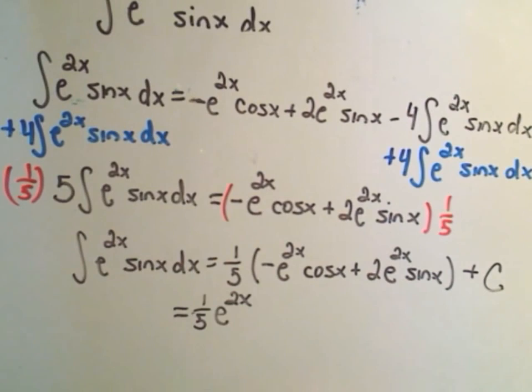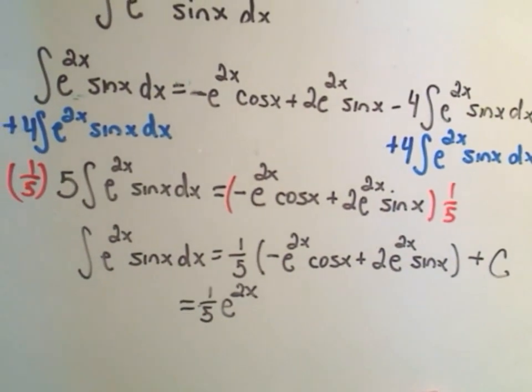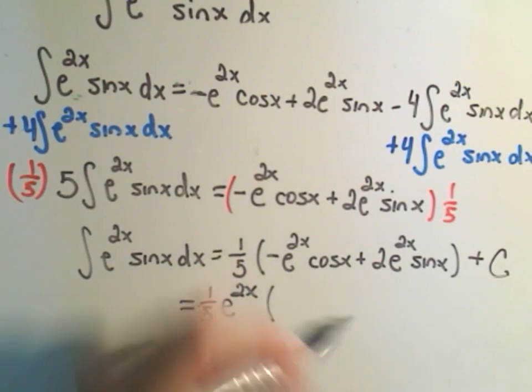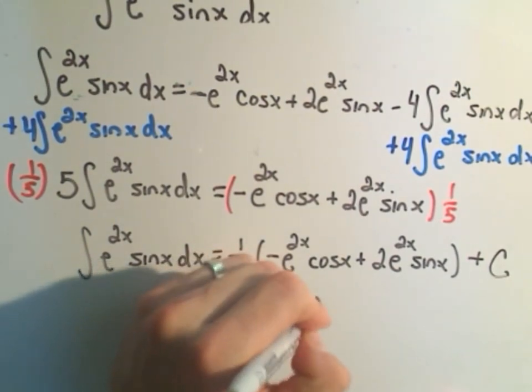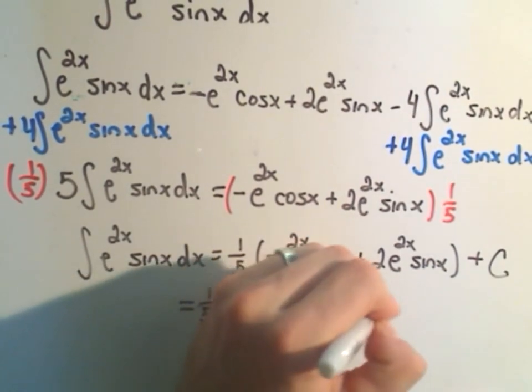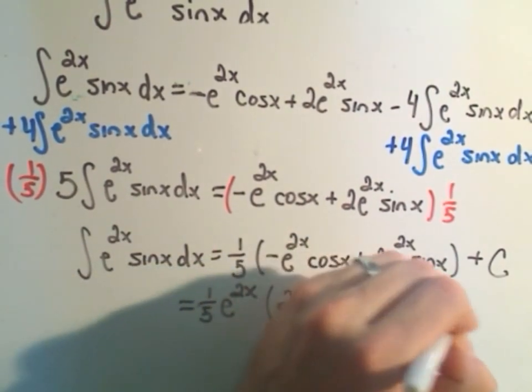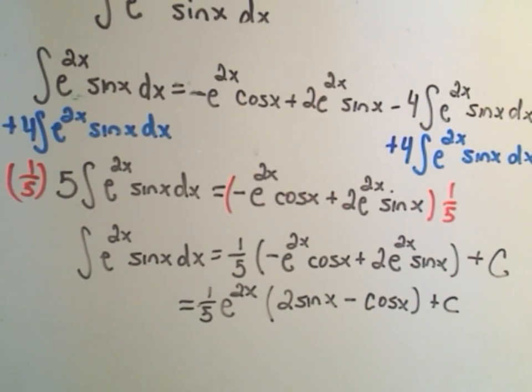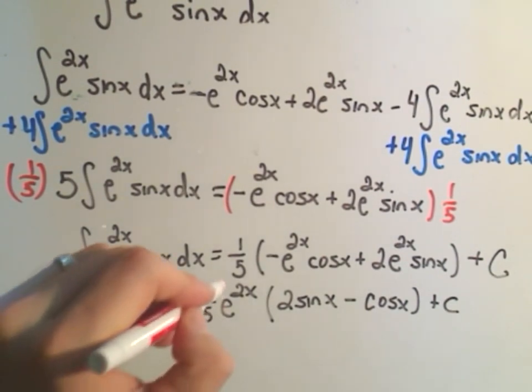E to the 2x, and then on the inside, in the parentheses, I'm going to reorder things. I'll write it as 2 sine x, and then subtract away just cosine x, plus c. And that is now my antiderivative of what I started with.